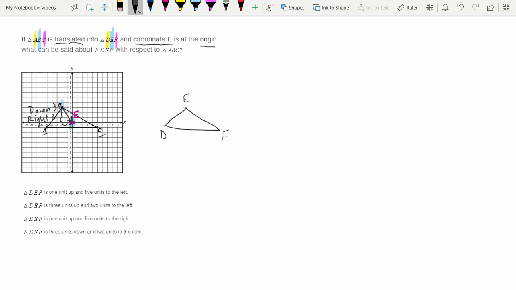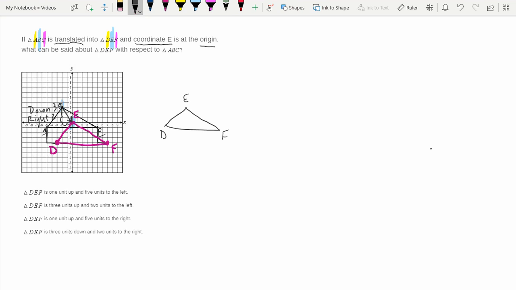Down 3 and right 2. Now I could do the same thing, by the way, guys. Down 3, right 2, down 3, right 2. And I could draw in my new points like that, and that would be my D, E, F.